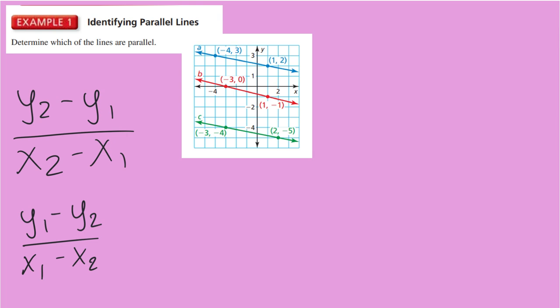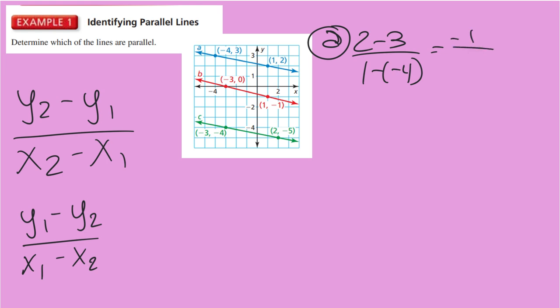So let's look for the slope of line A. Line A, we have points negative 4 and 3 and points 1 and 2. So we're going to have 2 minus 3 and 1 minus negative 4. 2 minus 3 we know is negative 1, and 1 minus negative 4 gives me positive 5.